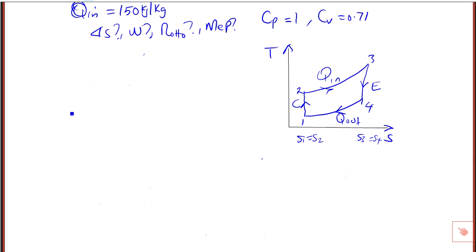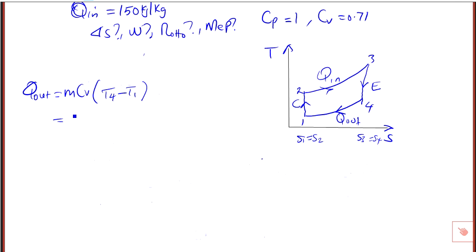Let's proceed to get the amount of heat rejected, and we say that heat rejection takes place through the process 4 to 1. So Q out is given by mCv into the change in temperature, that is T4 minus T1.